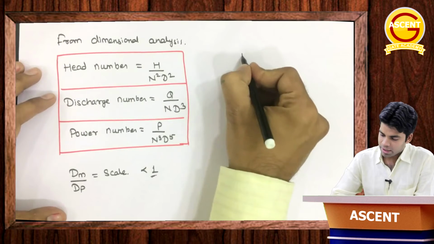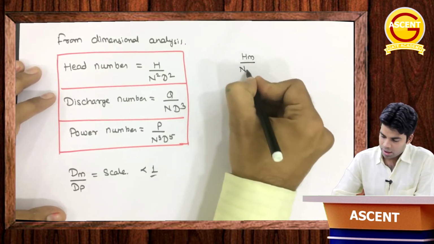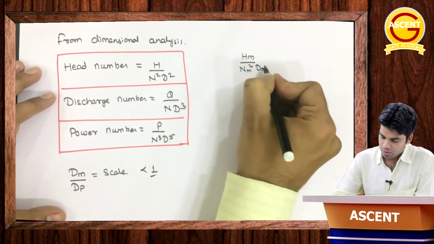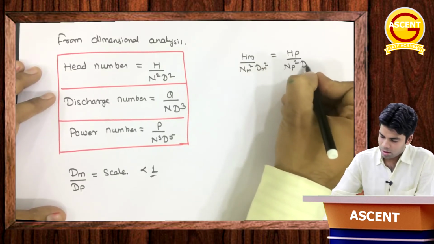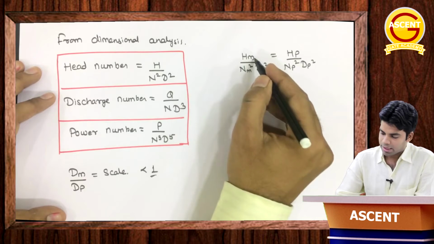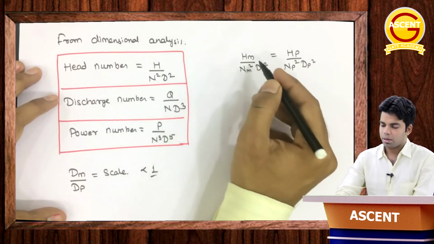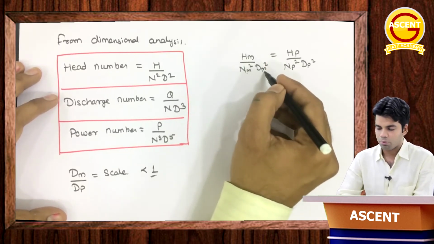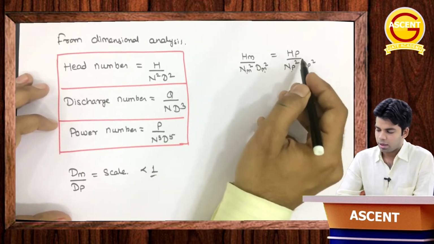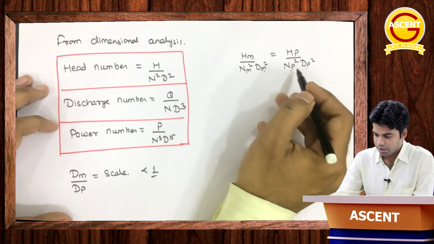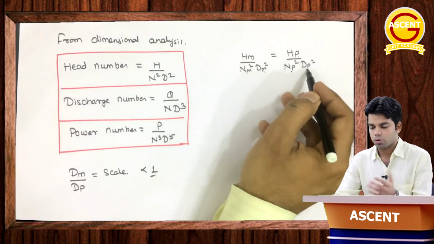This means that Hm by Nm square Dm square is equal to Hp by Np square Dp square, where Hm, Nm and Dm are head, speed and diameter of the model, a small model, and Hp, Np and Dp are head, speed and diameter of the prototype, that means of the original turbine.